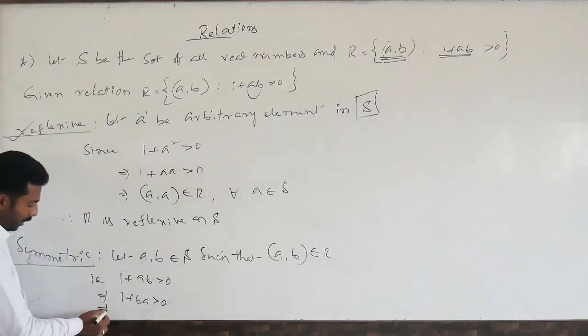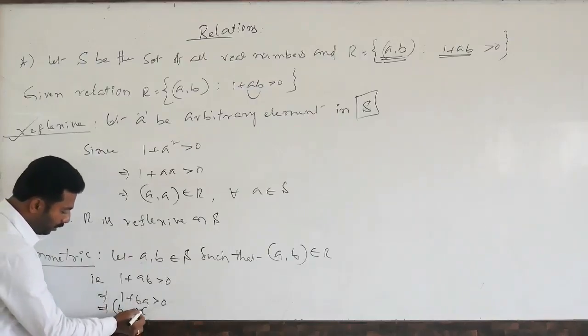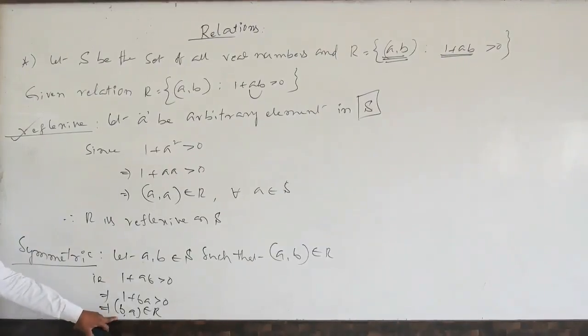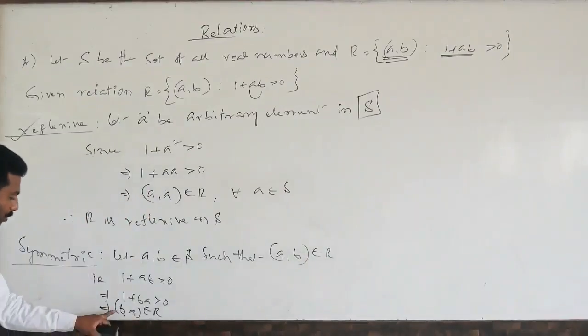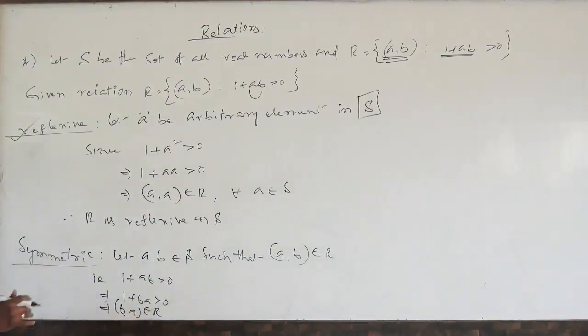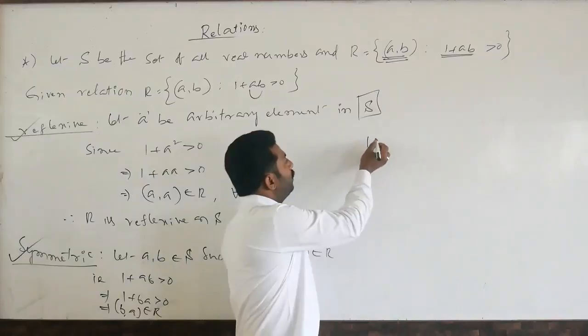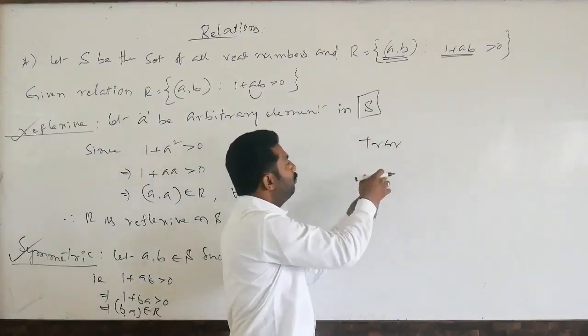This is BA, which means there is a relation between B comma A. See, what is our assumption? A comma B belongs to capital R. What we proved? B comma A also belongs to capital R. Therefore, capital R is a symmetric relation. Then, whether this relation is transitive or not, we have to prove.